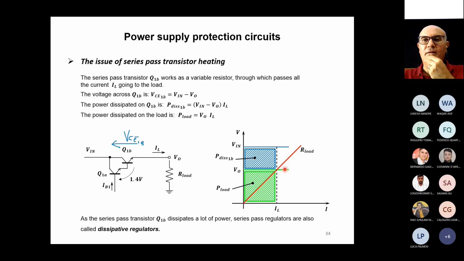And so, depending on how much current is passing, I can visualize the amount of power dissipated in the transistor, as I told you, and the load. What we can see here is that if, the other way, I increase the value of the load resistance, it behaves like a line that goes in this direction. This means that we have less current and less dissipation, both on the load and on the transistor.